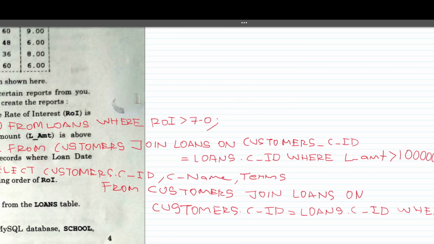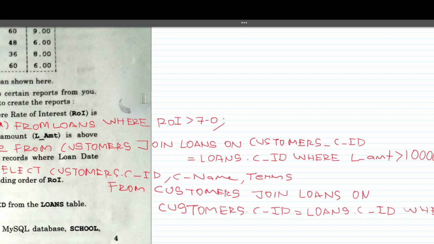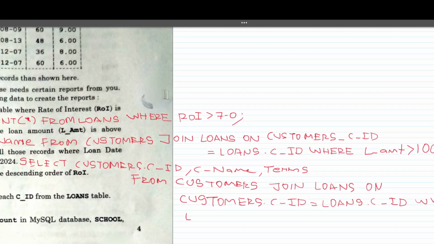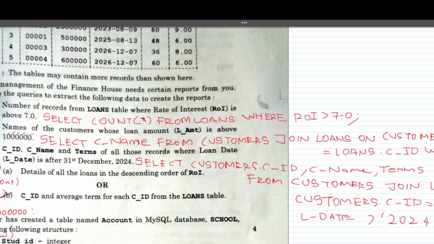So you know how to frame and write this? I need to see my date, L date, where L date has to be greater than, I need to write first the year, then the month, then the day. This is how it needs to be written.